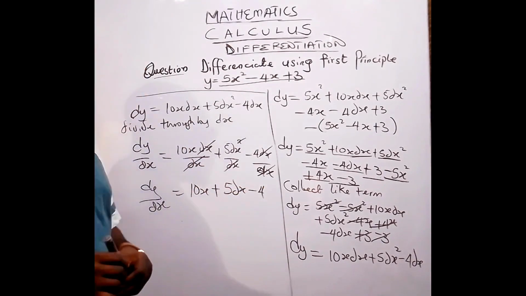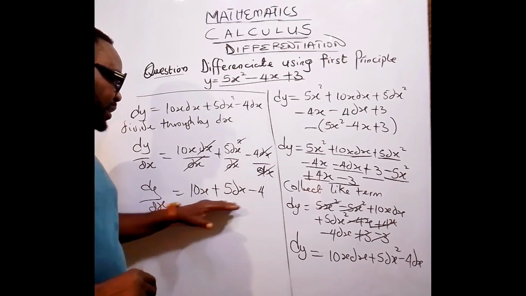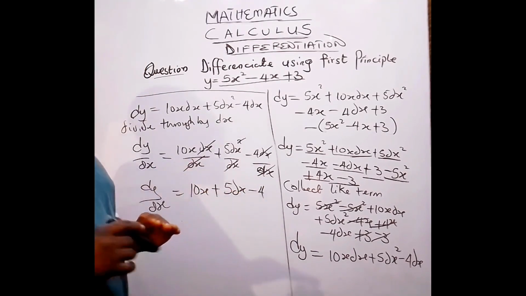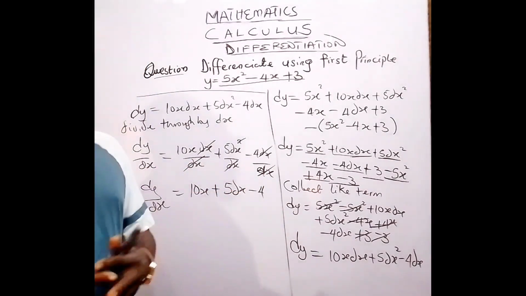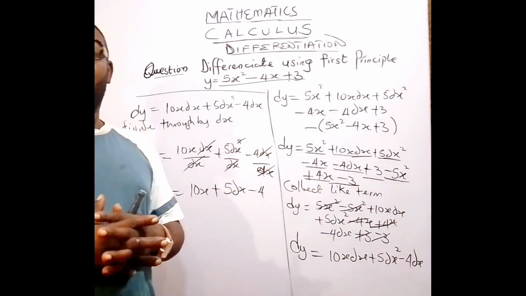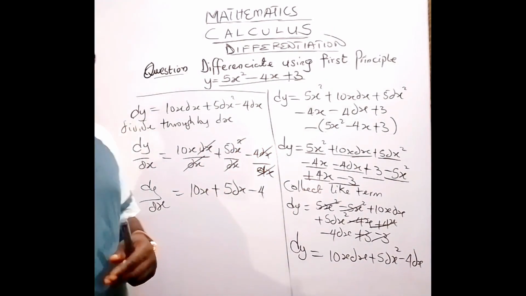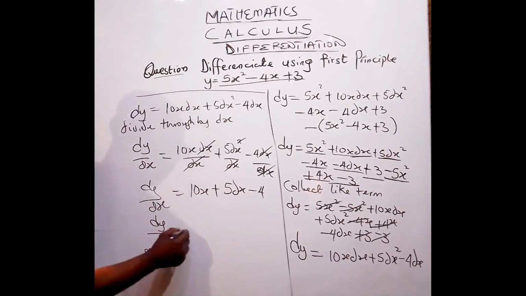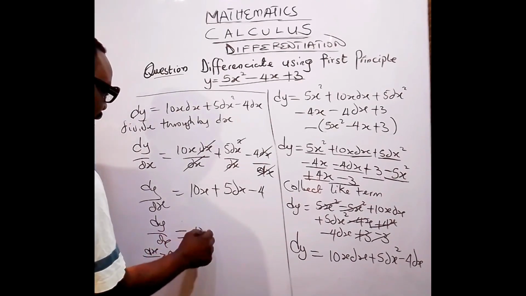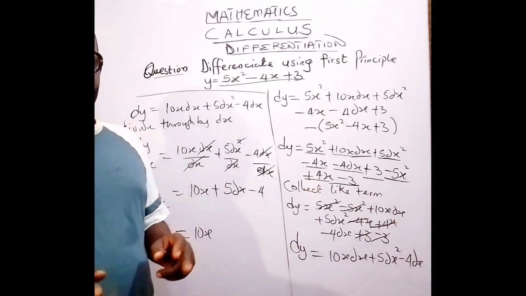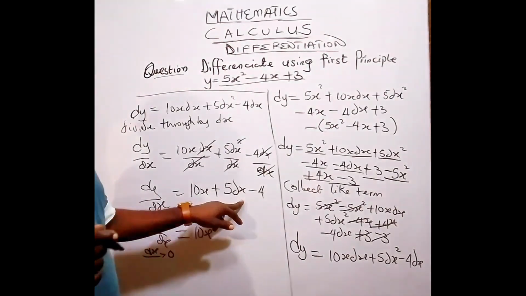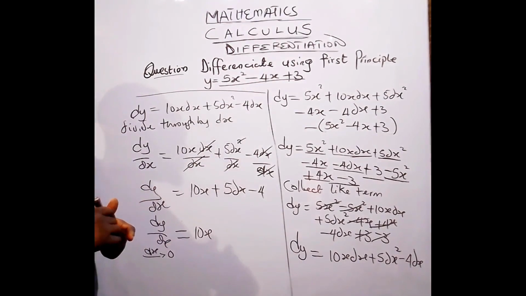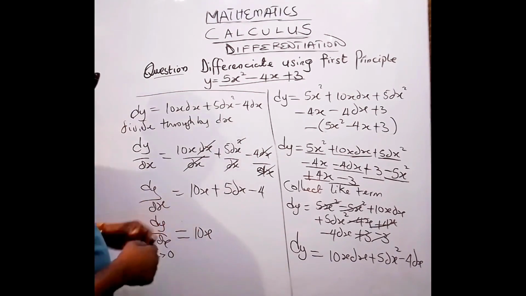Now at this stage, whenever you see it like this, that we are having just a single value for the x, then what you are going to do here is look at the value of the y dx as the x tends to 0. Wherever you see the x, you put 0 there, because we are trying to find the limit of the value here.